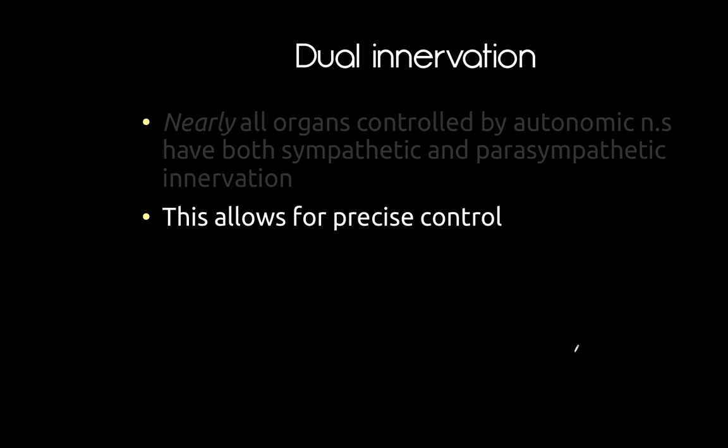The analogy for this is gas and brake in a car. You can use just gas to speed up, and then let off the gas to slow down, but that's a really inefficient way to slow down. Instead, it's better to have a brake that'll slow you down much quicker, and that's how it really works, with the sympathetic essentially being the gas, and the parasympathetic being the brake that allows you to slow down these actions.